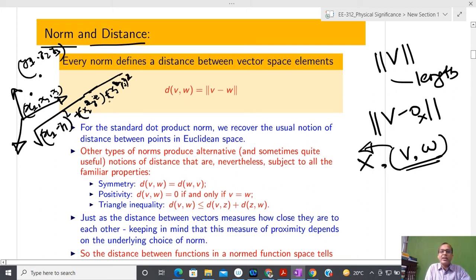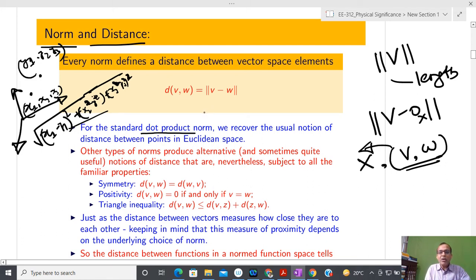In this way we are defining it. So what we are doing is taking the standard dot product of these two vectors, and after that the usual notion of distance comes into the picture whenever we are in Euclidean space.